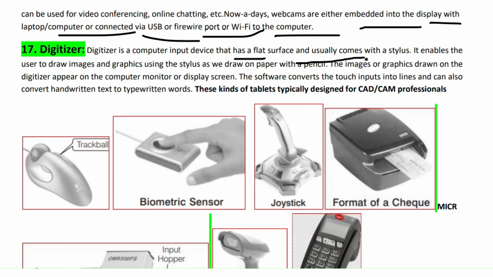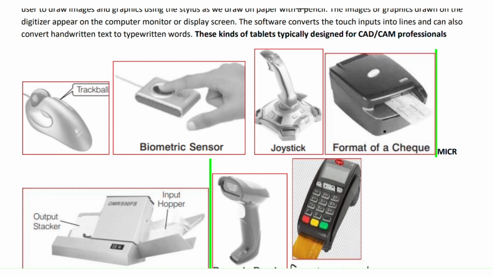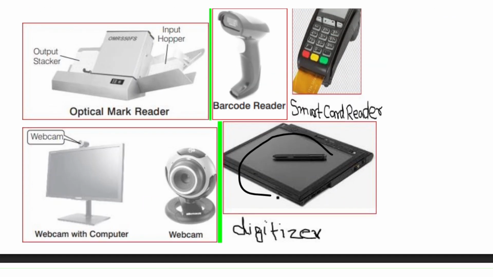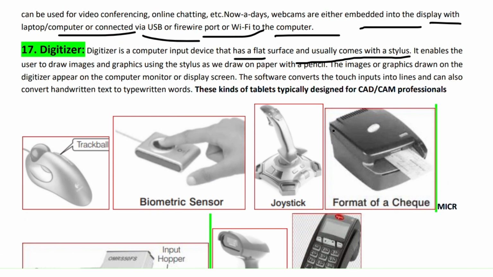Digitizer is a computer input device that has a flat surface and usually comes with a stylus. डिजिटलाइजर का इमेज, हाँ ये रहा, ये डिजिटलाइजर. It enables the user to draw images and graphics using the stylus as we draw on paper with a pencil.